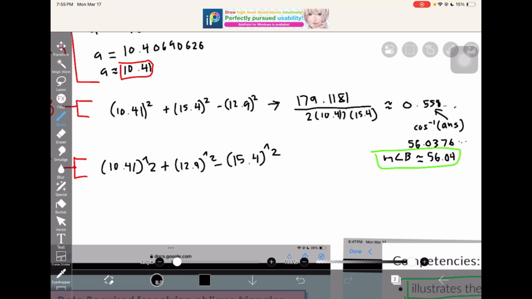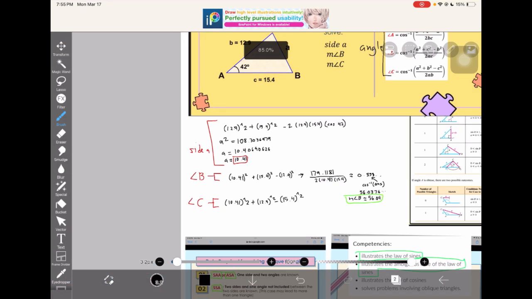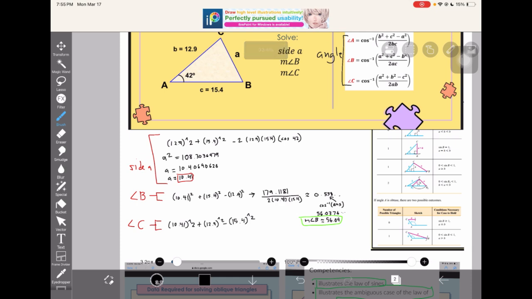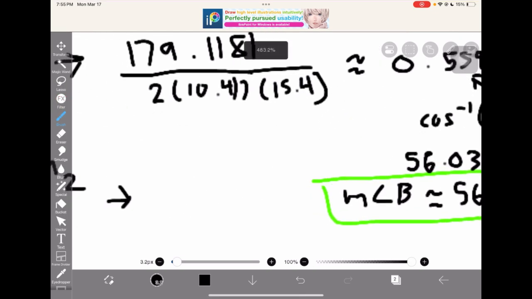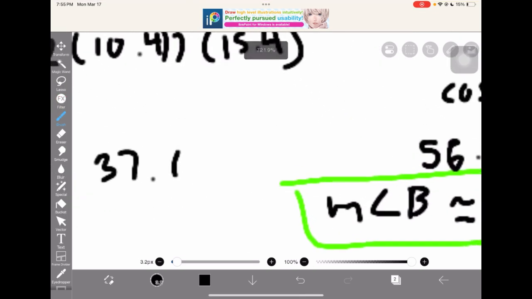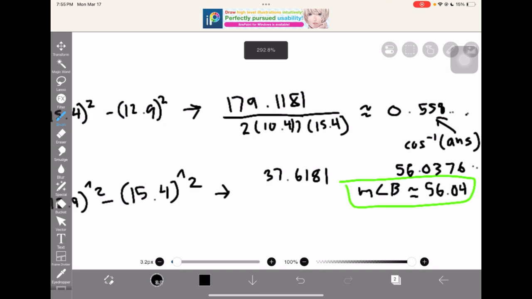All right, let's turn that into an actual numerical value. We're gonna have 10.41 raised to 2 plus 12.9 raised to 2 minus 15.4 raised to 2, and we get about... that is correct, right? Okay, we'll see. That is correct. That will lead us to having 37.6181.